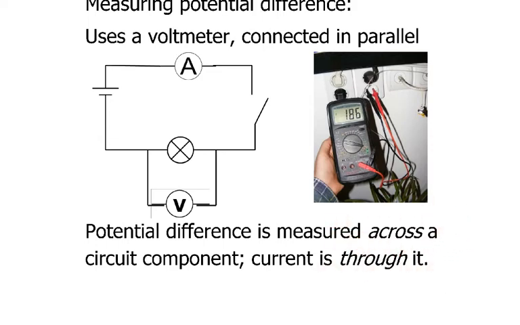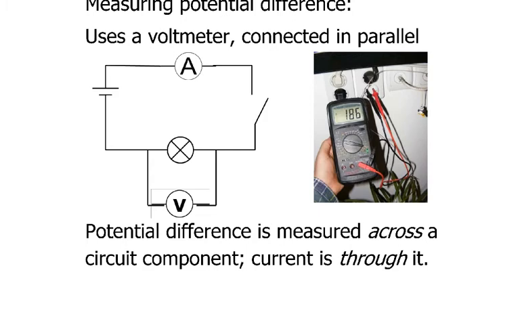Current is measured through the component, so you have to get the current that's actually flowing through there. So an ammeter has to be hooked in series with the circuit in order to find out what the current is. A voltmeter, or a measure of potential difference, has to be hooked in parallel. It has to be hooked in across the component.